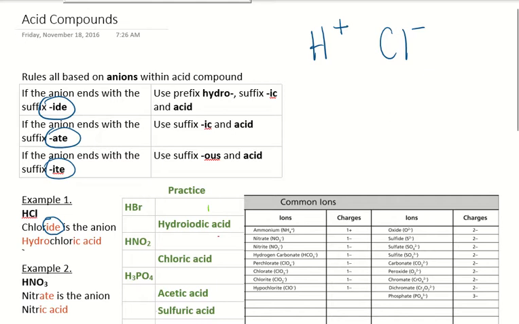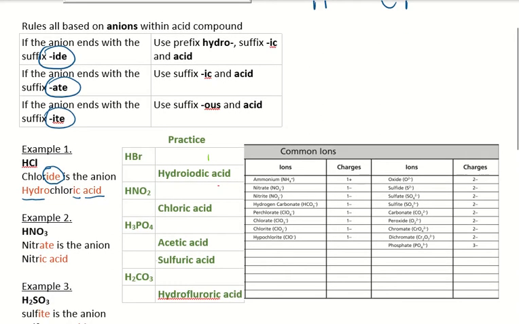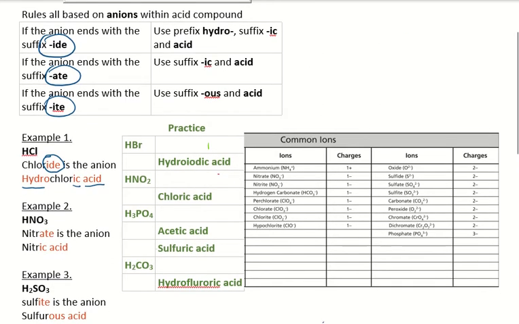So chlorine becomes hydrochloric acid. How do you even know that? It's just a naming scheme. It's a pattern you'll follow. Is hydro the element, acid? Yep. So chlorine again becomes hydrochloric acid.